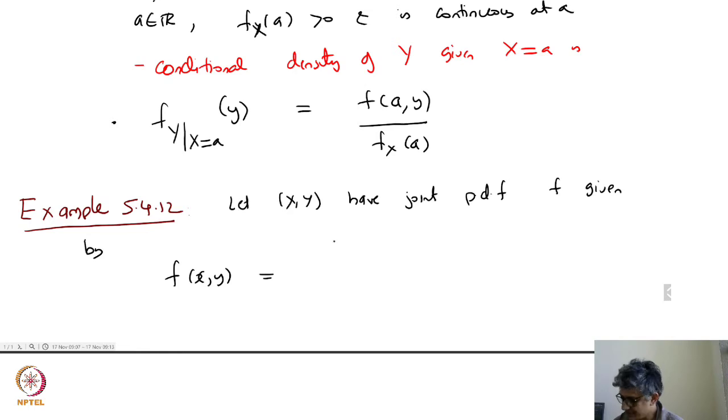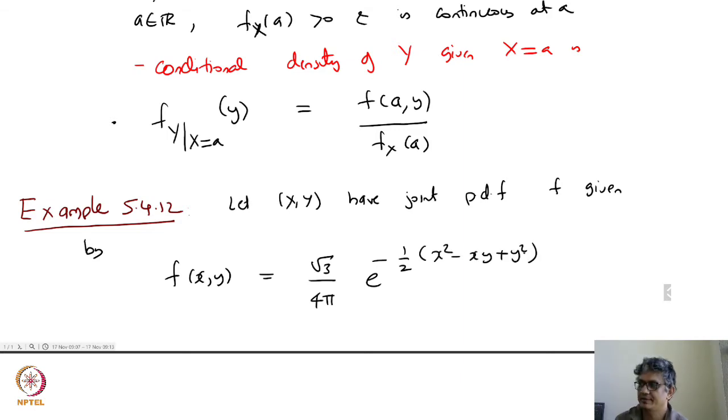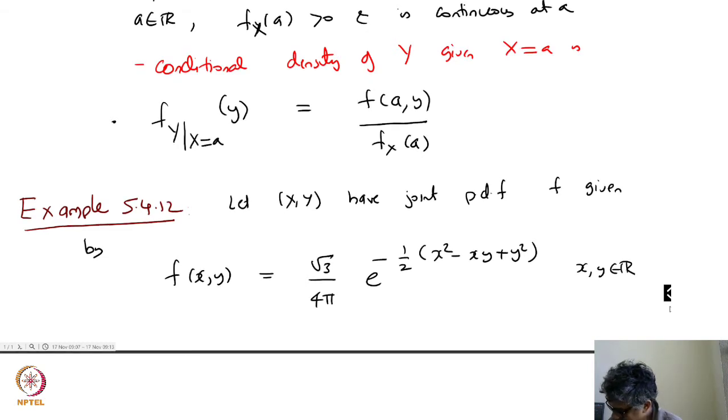Let me write a double exponential, so like root 3 by 4 pi e to the minus 1/2 of x squared minus xy plus y squared. This is for both x and y in R. That's how the density looks like, the joint.